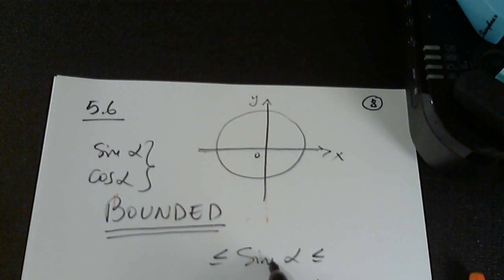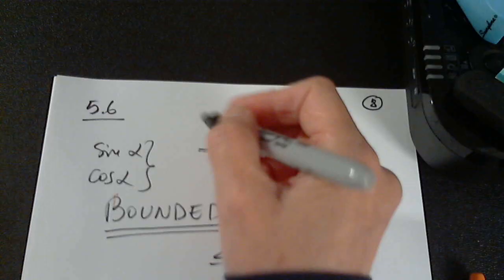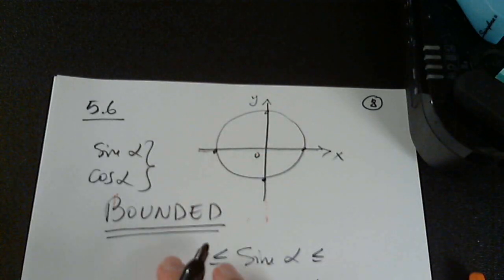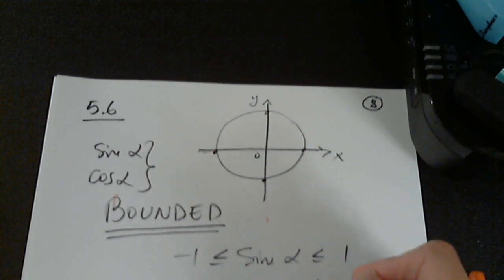What is the smallest possible value for sine and cosine? Identify these points and their coordinates, and you will know the minimum and the maximum possible. Is it -1, +1? Excellent.